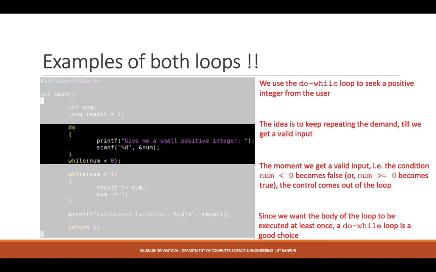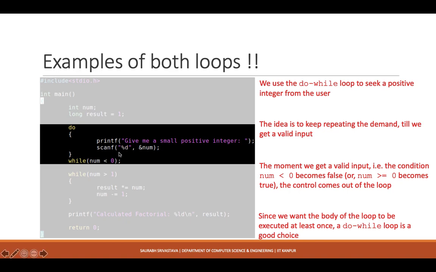I want this to be executed at least once, because I want the input to be taken at least once. It is possible that I might need it more than once based on what the user gave me as input. So this is a classic case where I can use do while. This loop will run at least once.